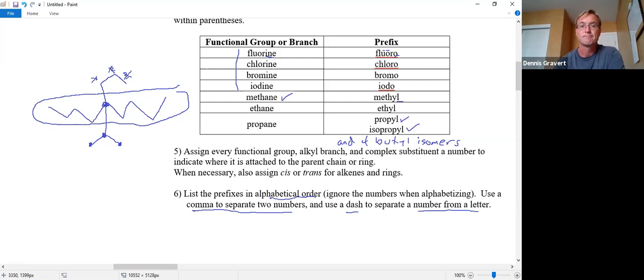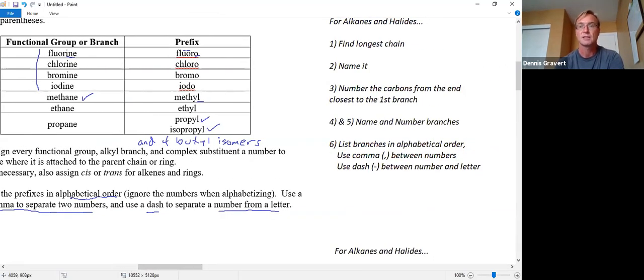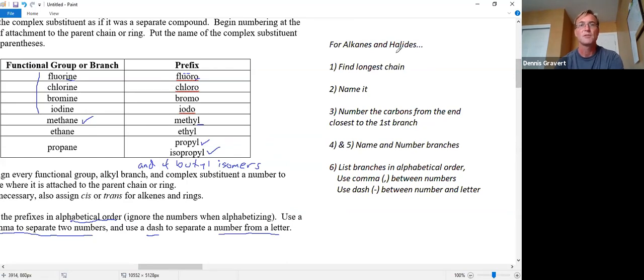Let's first restrict ourselves to naming organic molecules containing only 2 functional groups, alkanes and halides. When we do that, the naming rules simplify. Step 1, find the longest chain.